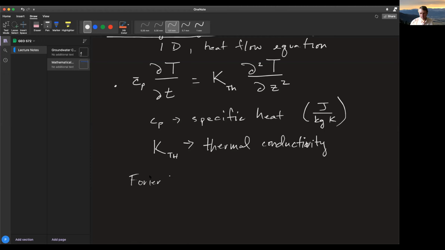All right, so let's take a little aside and talk about Fourier's law, which says the thermal heat flow, Q_th, is equal to negative K_th dT dz.